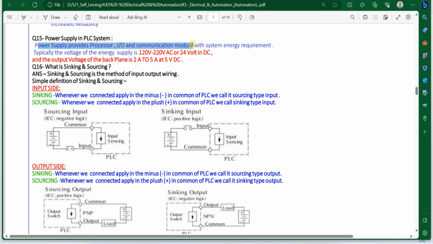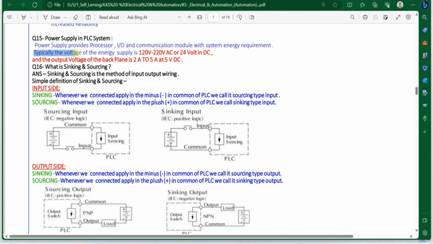Both input and output are modular modules, and there is a system energy requirement, because the PLC requires some energy, because the PLC depends on the power supply. Without a power supply, meaning without AC current or without DC current, we cannot start and stop the PLC.